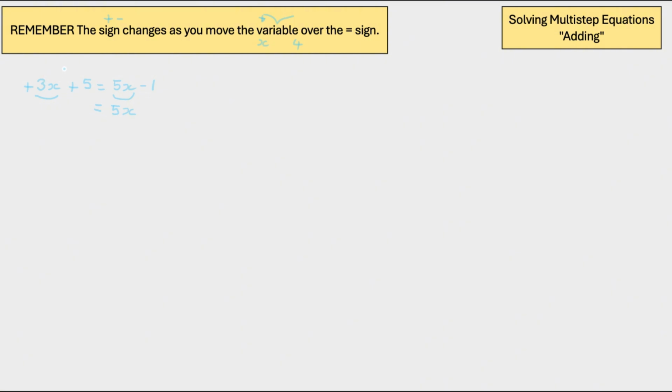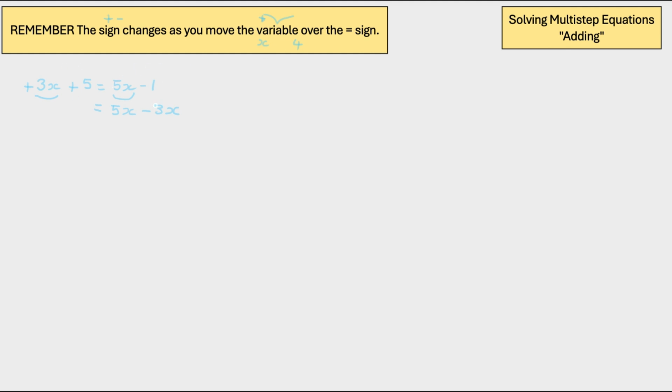I'm going to switch that and it's going to go all the way over and become a negative, because it says in the rules, the sign, plus or minus, must change when the variable goes over the equal sign. So that's what we've just done.